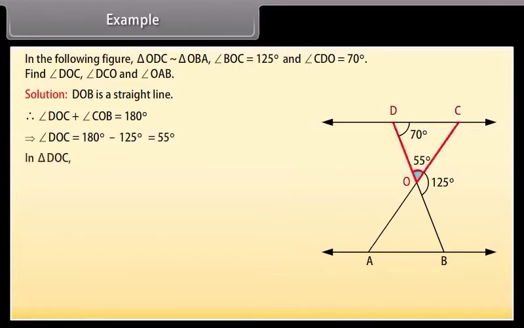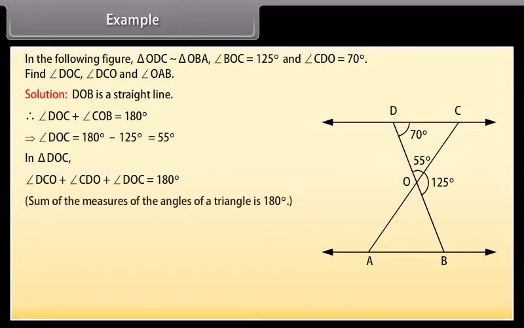In triangle DOC, angle DCO plus angle CDO plus angle DOC equals 180 degree, as the sum of the measures of the angles of a triangle is 180 degree. This implies angle DCO plus 70 degree plus 55 degree equals 180 degree, which implies angle DCO equals 55 degree.